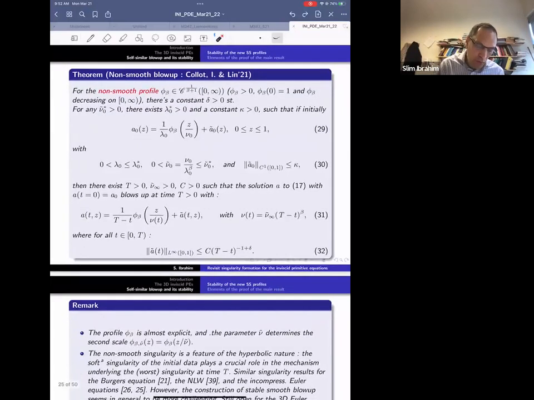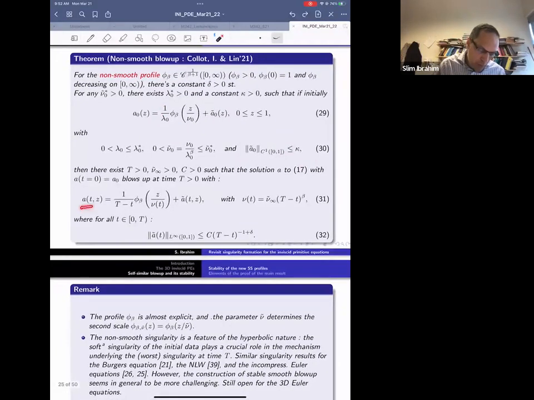Then again, if you tune your initial data with the perturbation, with an appropriate rescaling of the profile, and the initial perturbation is not large, it's small, then the corresponding solution blows up at this speed, and the parameter nu is (T minus t) to the power beta, up to some factor mu tilde.